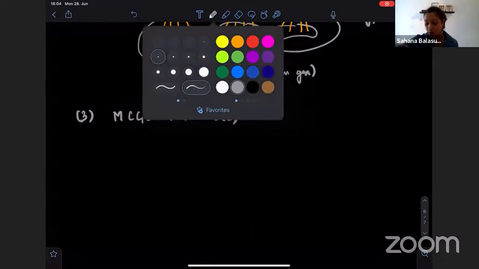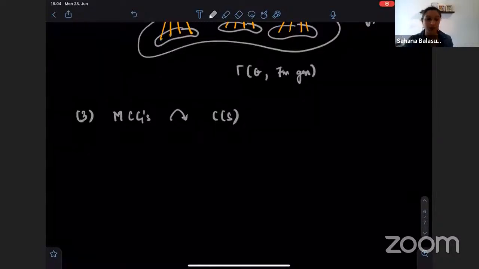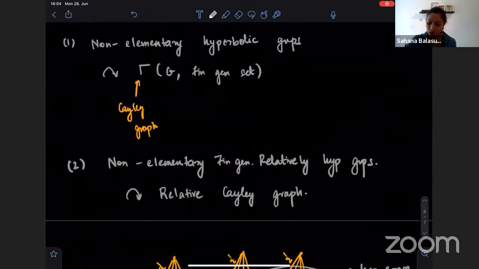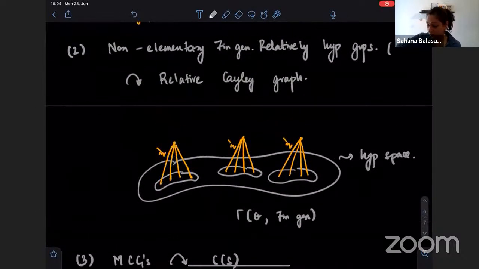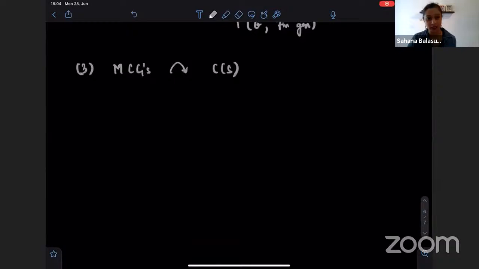And who showed that the relevant information in order to include these into the class of groups? Well, let me first say that the non-elementary hyperbolic groups are pretty easy to see that they are in the class. And the fact that the relatively hyperbolic groups are in this class was proved by Osin. But for mapping class groups, you have to combine the work of a couple of people.